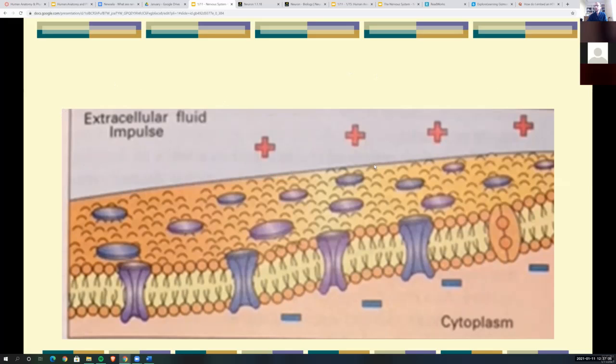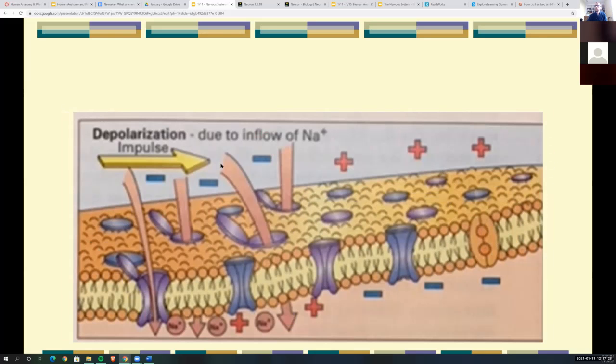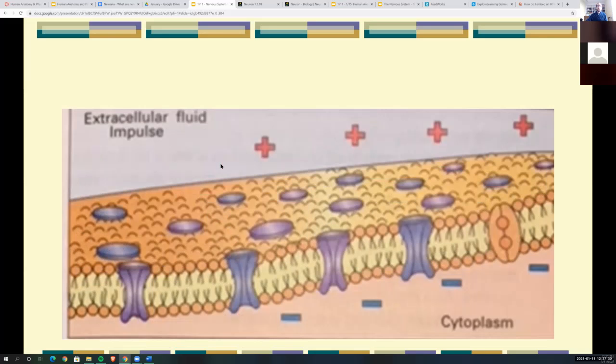So we have an overall positive charge. There are gates that allow potassium out and in if it wants to go. But sodium won't be able to come in through those gates. Here is your sodium potassium exchange pump, not doing anything at the moment, sitting there in the cellular membrane. This is polarization. This is a resting neuron.